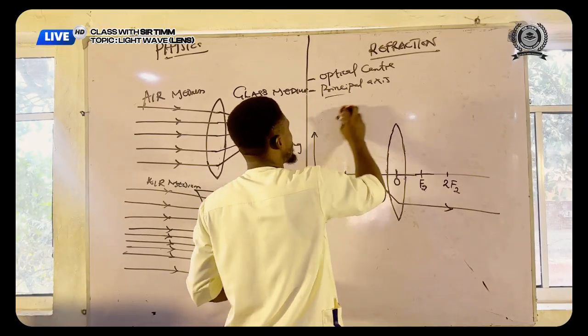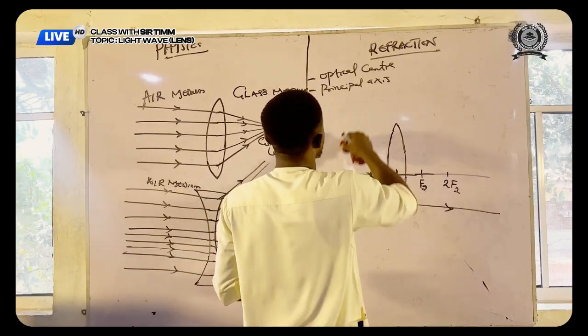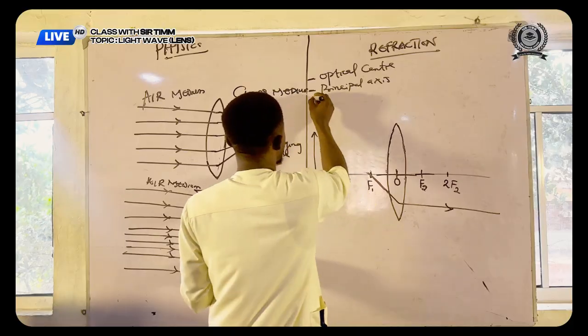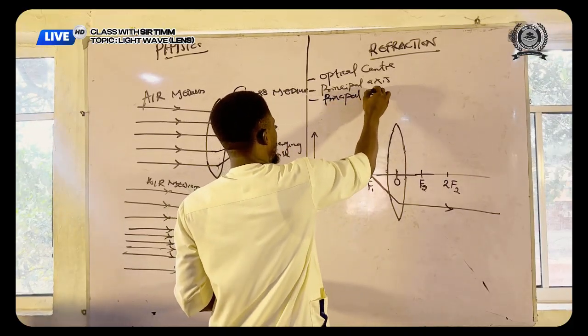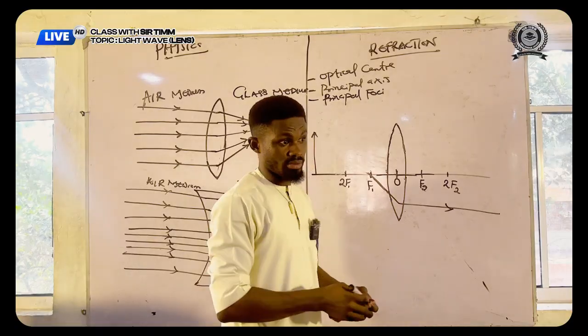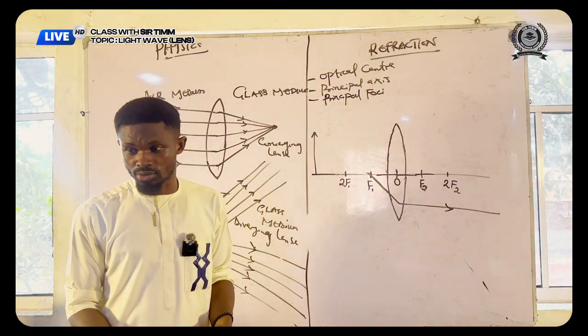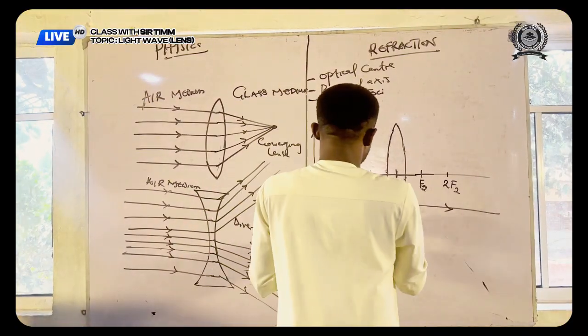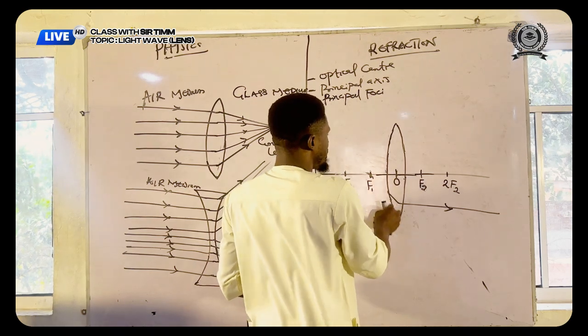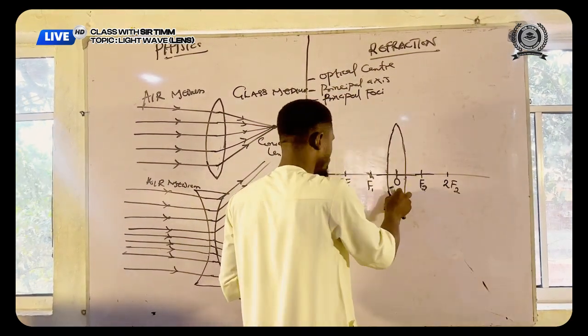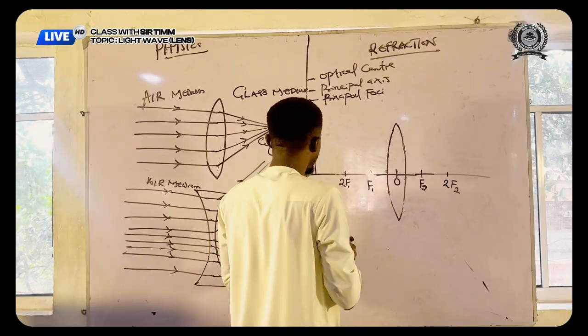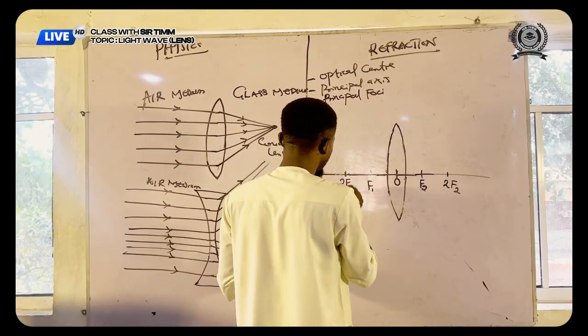Image formation. Oh, I did not put this, guys. So here I have principal foci, because I have more than one principal focus. Where are we starting? We are looking at the convex lens, isn't it? So where are we placing it? Case 1.